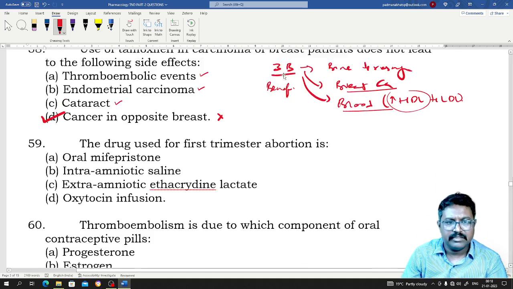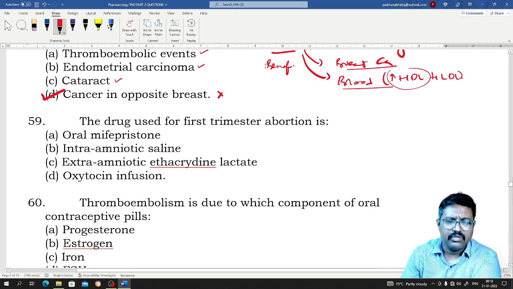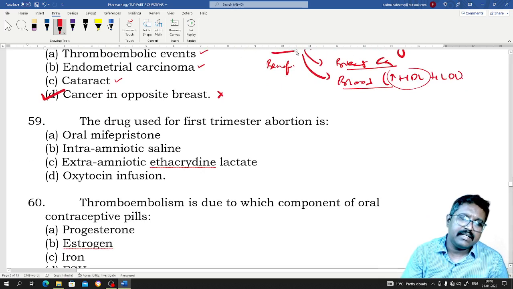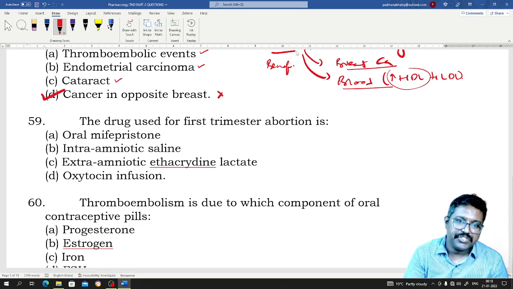So next, coming to the 59th MCQ, that is the drug which is used for first trimester abortion. Again the direct answer, please remember, oxytocin is not used in case of first trimester. Extra amniotic ethacridine lactate is not used. Intra amniotic saline cannot be used.